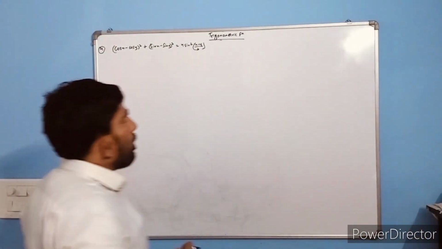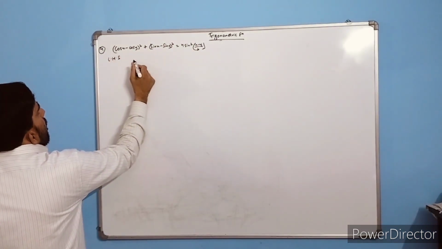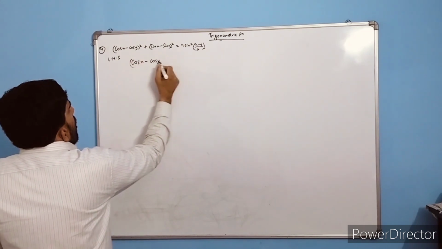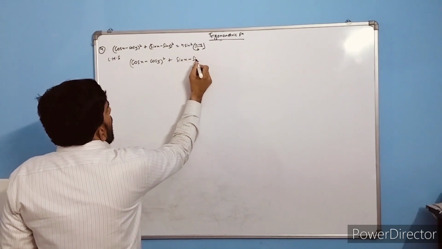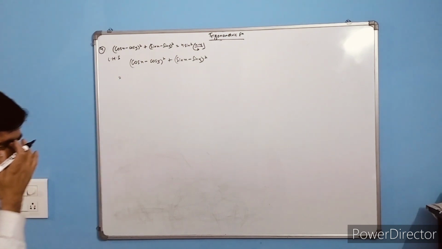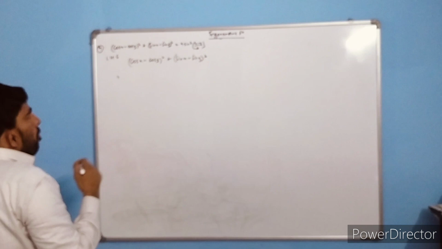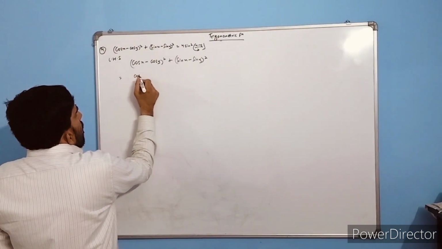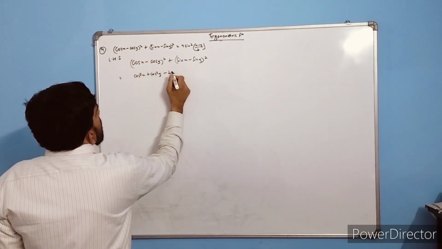So now let us try this. First we will write LHS, that is (cos x minus cos y) whole square plus (sin x minus sin y) whole square. Now we'll use the identity (a minus b) whole square, that is a square plus b square minus 2ab.